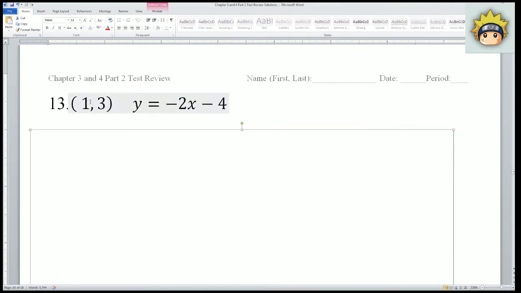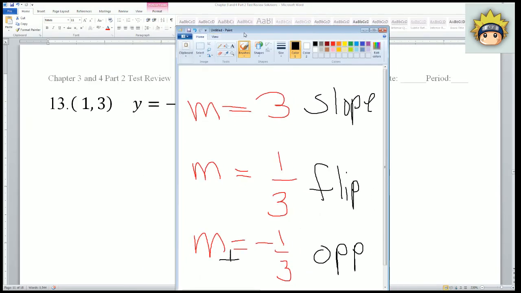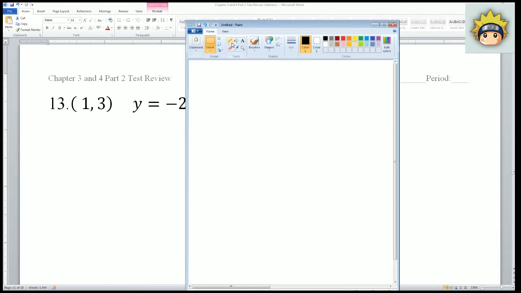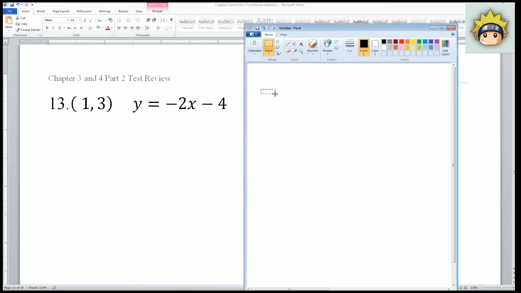13. The point is (1, 3), and the equation is y equals negative 2x minus 4. Let's clean this up a bit. Alright, let's do that again. So my original slope here is negative 2.